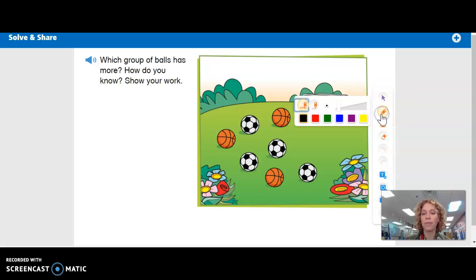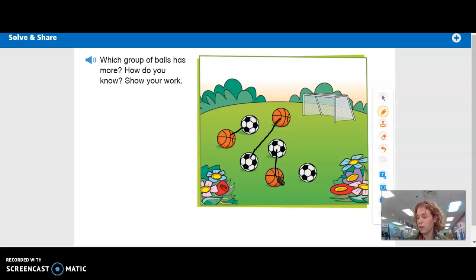So I'm going to take our pencil and match up each soccer ball with a basketball. So that soccer ball and basketball, this one and this one. Now, what does this tell me? Do you see that we have extras? Yeah, we have an extra soccer ball.